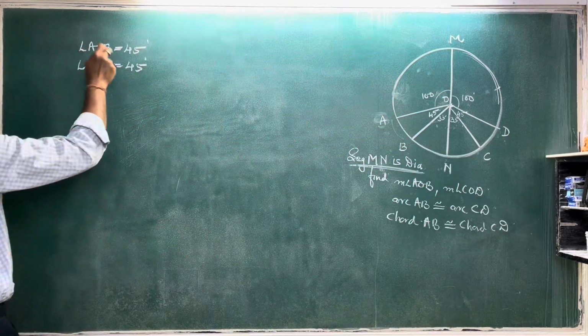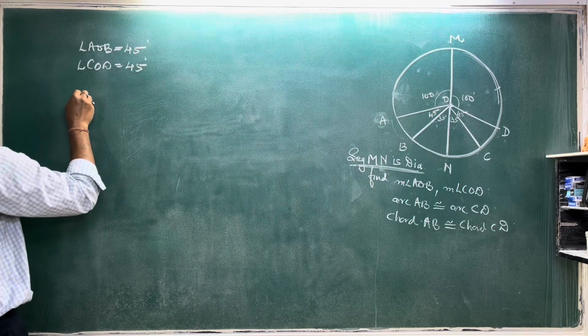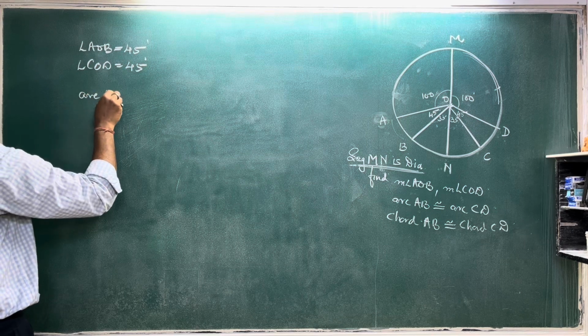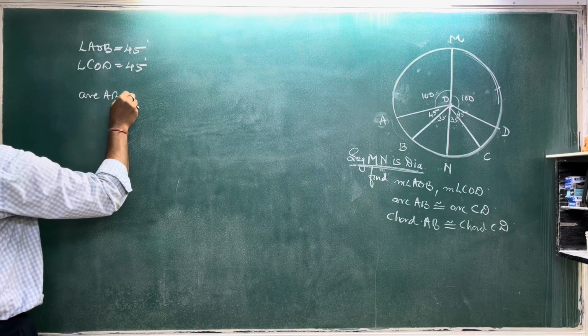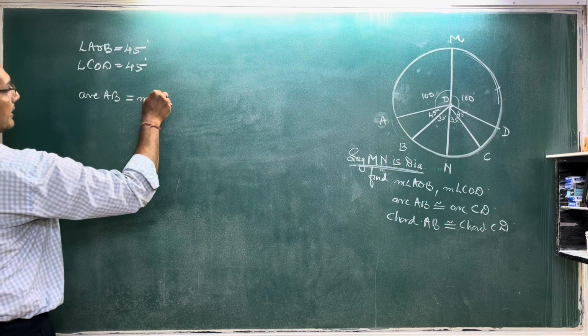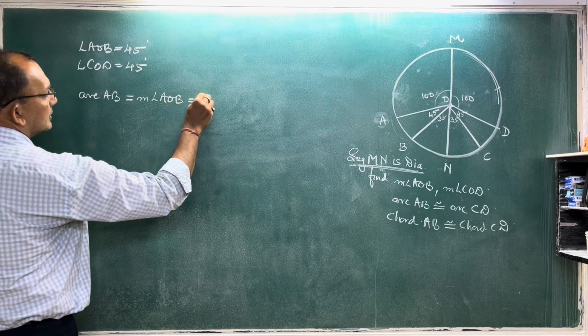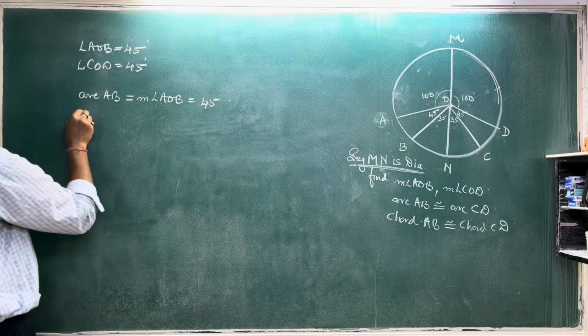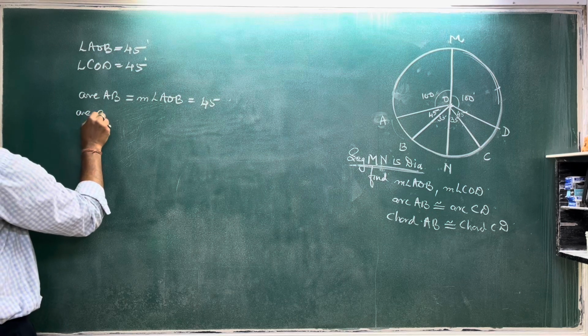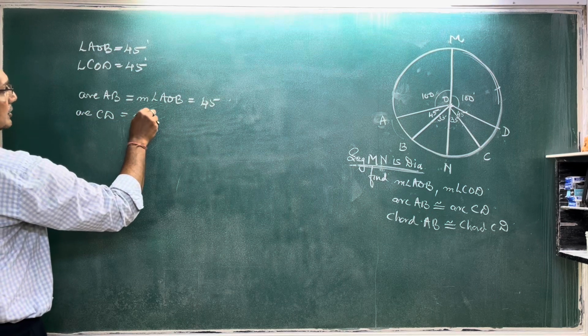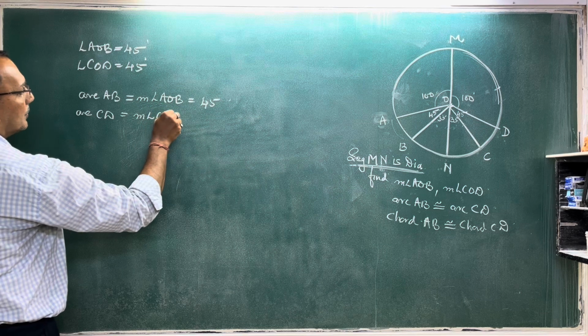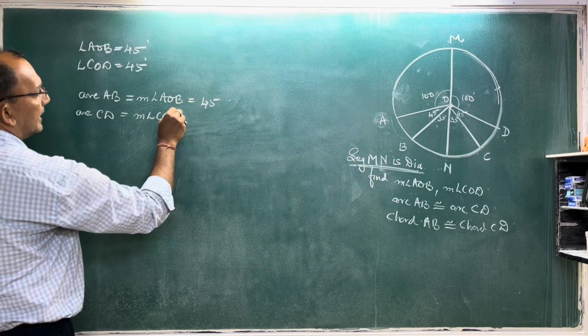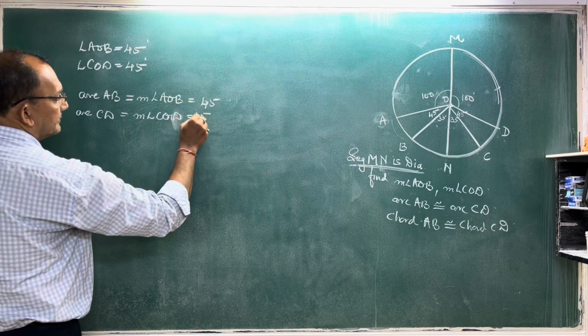So for AOB's arc, I can write arc AB is equal to measure of angle AOB, that is equal to 45 degrees, and arc CD is equal to measure of angle COD, that is equal to 45 degrees.